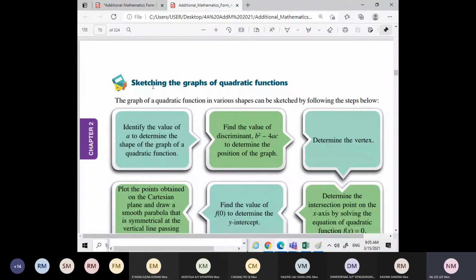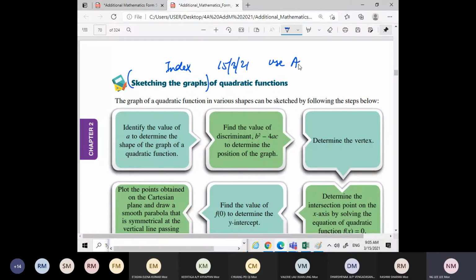So this is sketching the graph. Okay, so this is the index for today. Today is 15. Then you use back your MX tool.